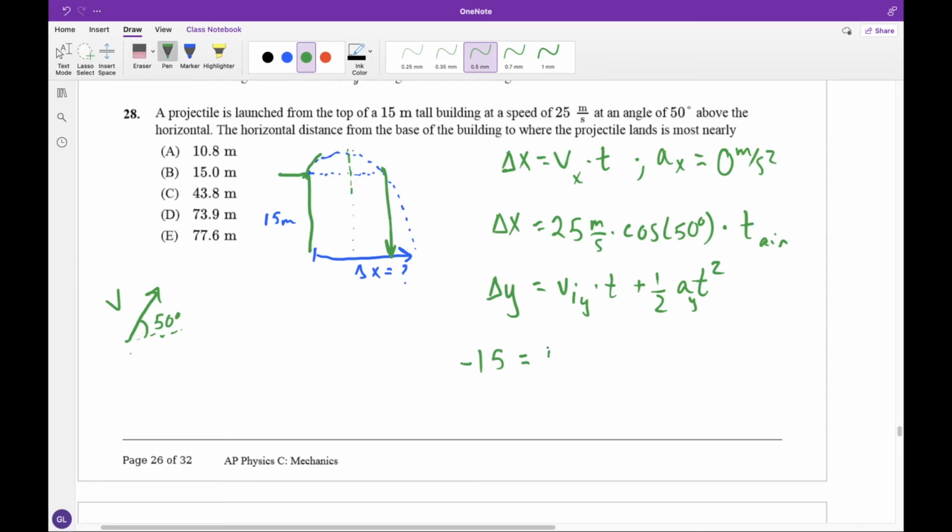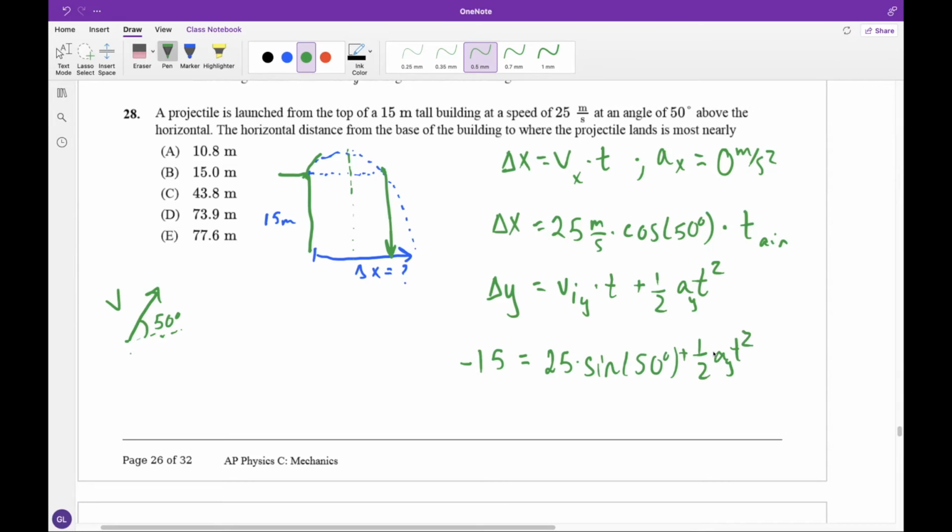So this becomes 25 sine of 50 degrees plus 1/2 a t squared in the y direction. Okay, all righty.